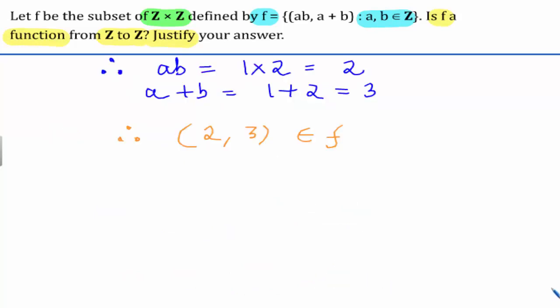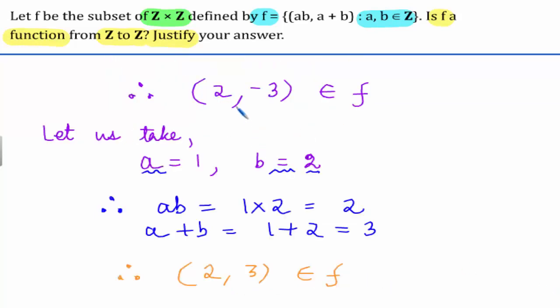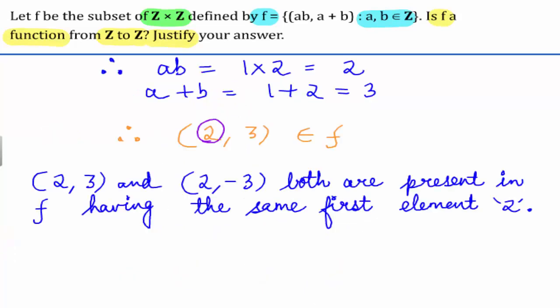Now you can observe that this (2, -3) and (2, 3) both belong to f and both have the same first element 2. So we observe that the ordered pairs (2, 3) and (2, -3) both are present in f having the same first element 2.